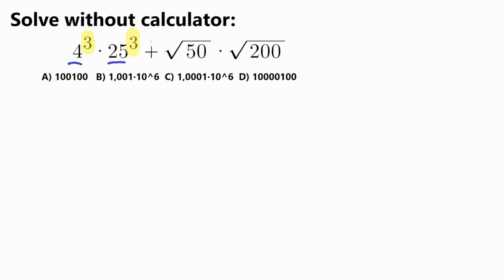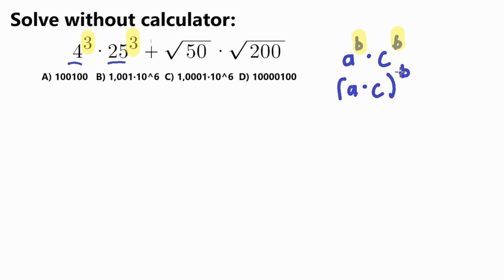Since if you have two terms with the same power, say for example, a to the power of b times c to the power of b, they both have a power of b here, which means that you are allowed to rewrite this as a times c to the power of b. So this is equal to the same thing.